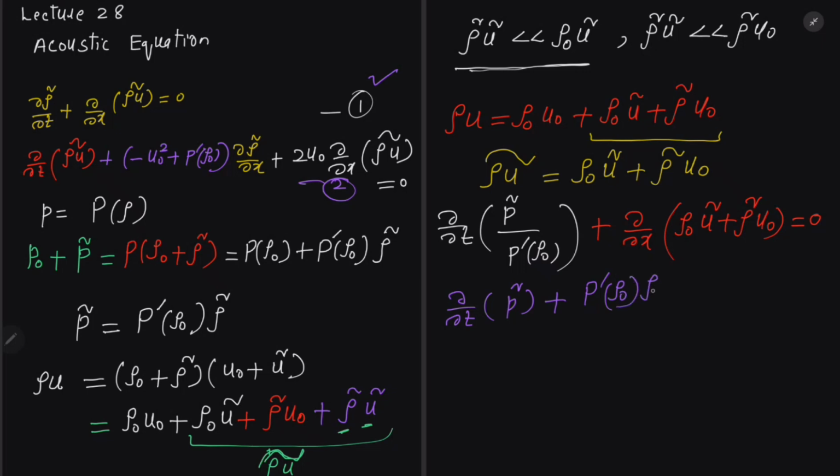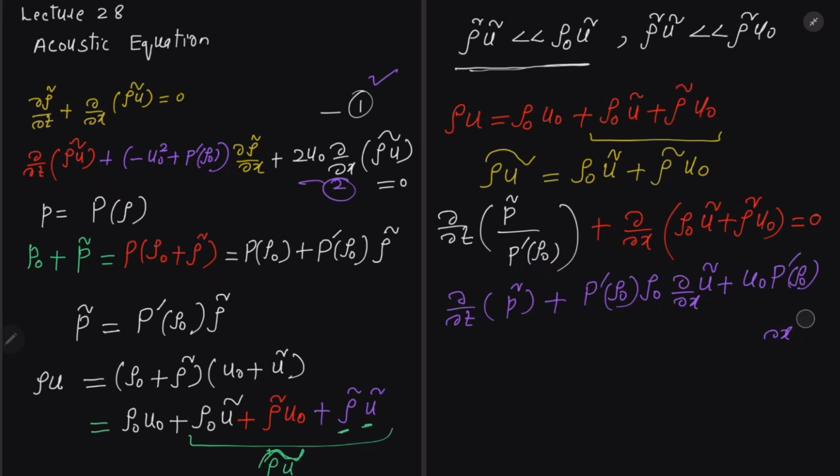Rho naught is a constant, partial by partial x u tilde plus u naught is a constant multiplied with p dash rho naught and partial rho tilde by partial x is equal to 0. Okay, there should be one quantity that I want to replace.